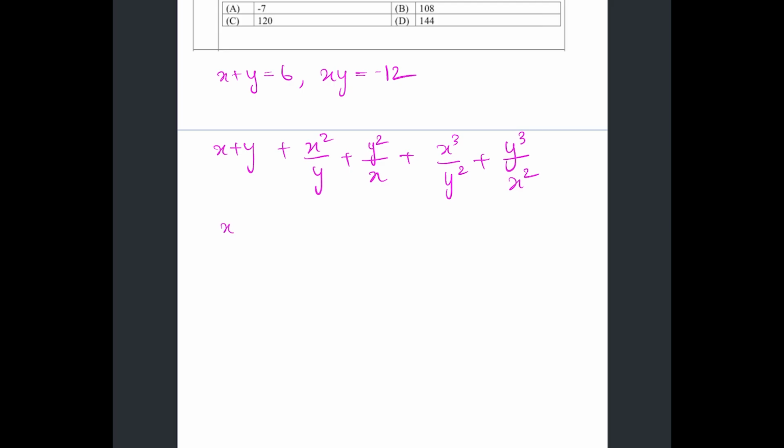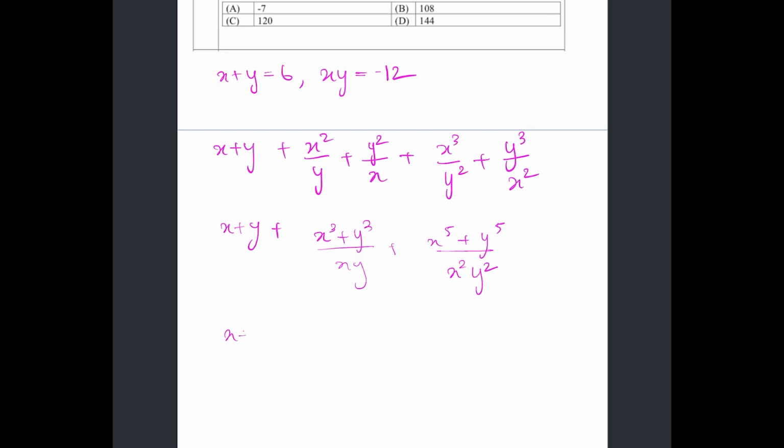So this gives us x plus y plus x cube plus y cube by xy plus x^5 plus y^5 by x square y square, right?